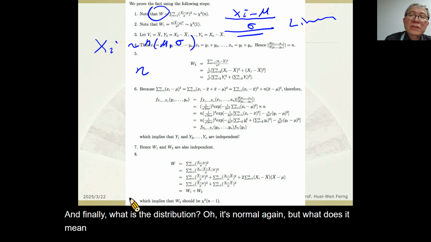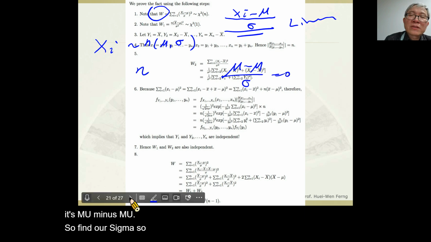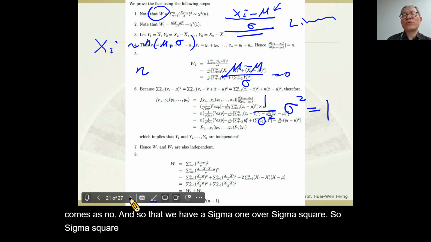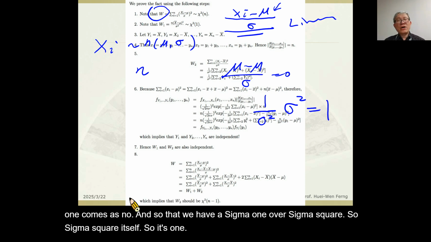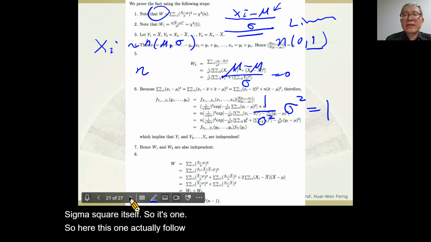Just the manipulation: originally it's mu minus mu, over sigma, so it's 0 mean. And the variance, the constant comes out as 1 over sigma squared times sigma squared itself, so it's 1. So here this follows normal, 0 mean, and unit variance.